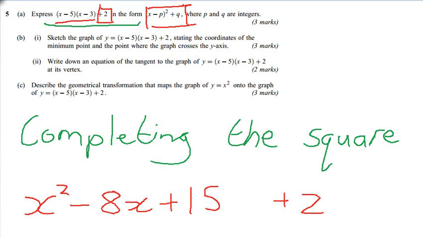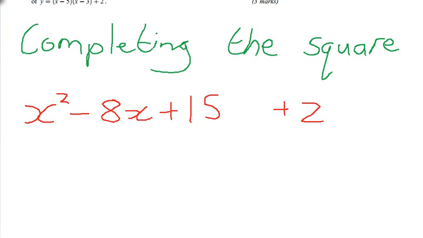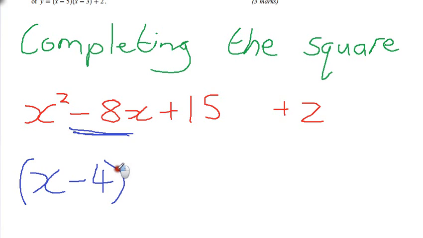So the way to do this is we take this number here, minus 8, and halve it, and say x, then minus 4 is half of it, so minus 4 squared, then we take away the square of this number.